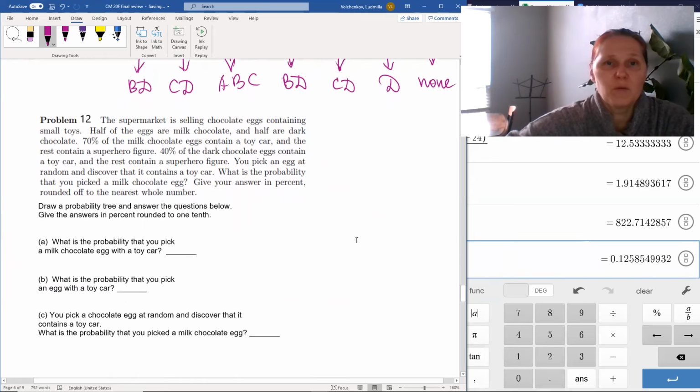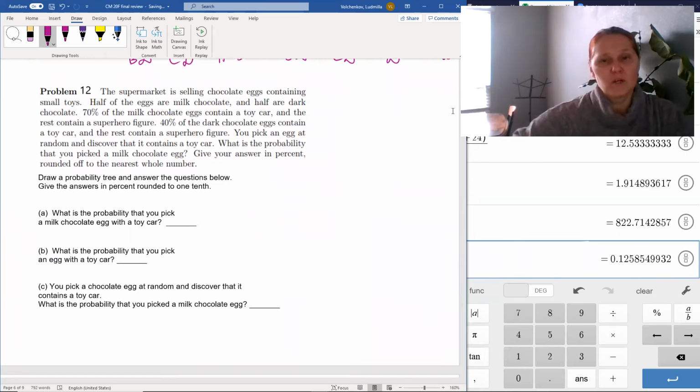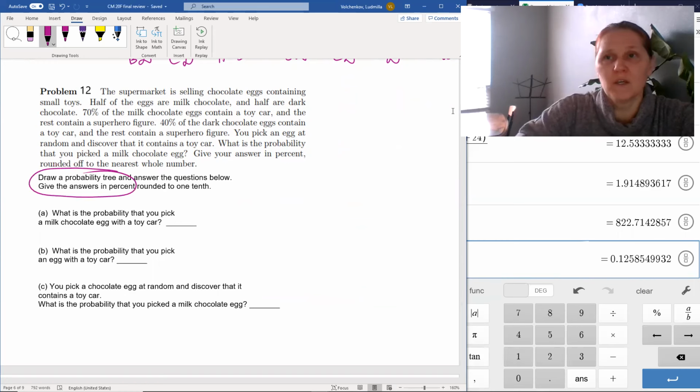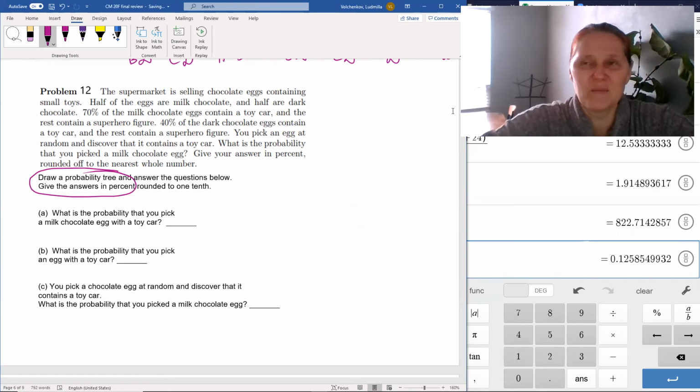The next problem is from the probability chapter, and we need to draw a probability tree to answer this question. So the probability tree must be submitted with the shown work with the last problem. Okay, the supermarket is selling chocolate eggs containing small toys.